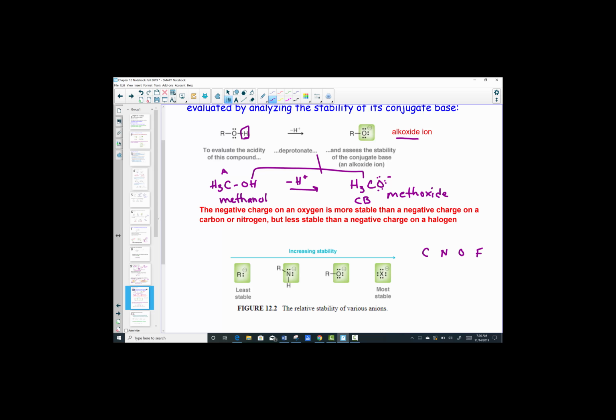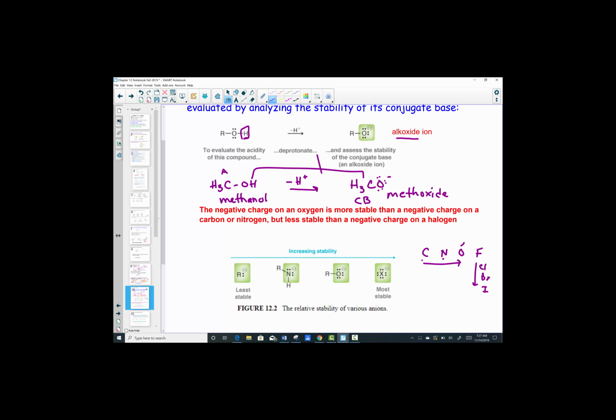So the increased stability in that same row on the periodic table, period 2. So oxygen is more stable than a nitrogen, which is more stable than a carbon. But still, as I move down the chart, I can find more stable with halogens. So coming down the column, when you have chlorine, bromine, iodine, and so forth, this is the increased stability.